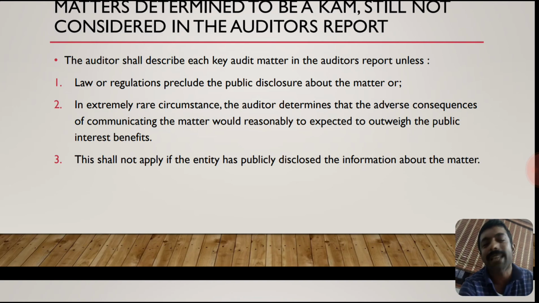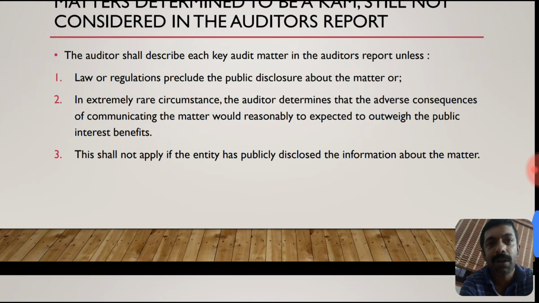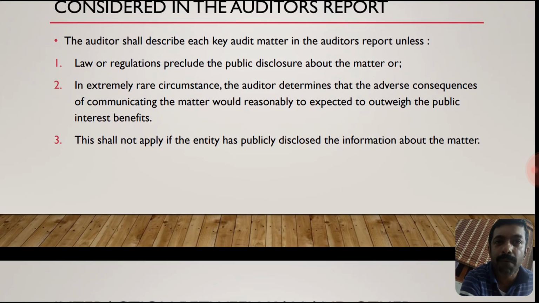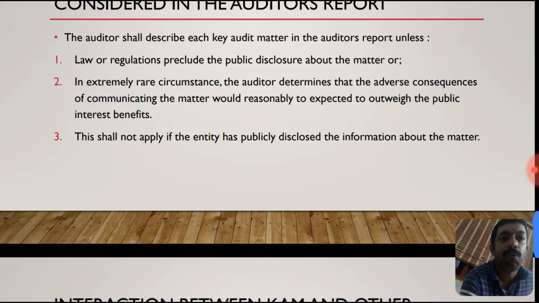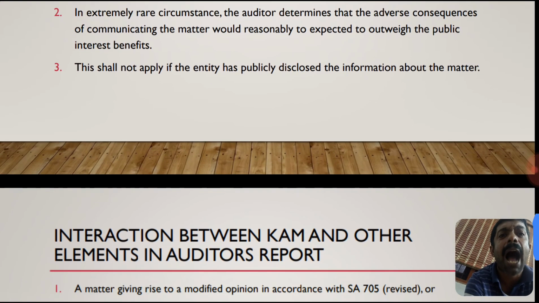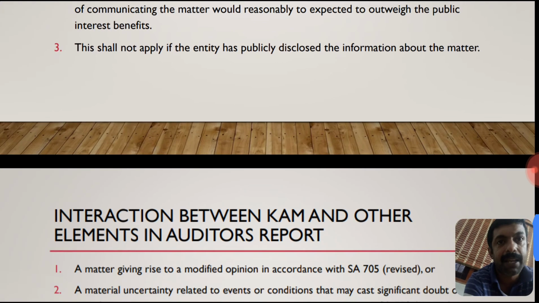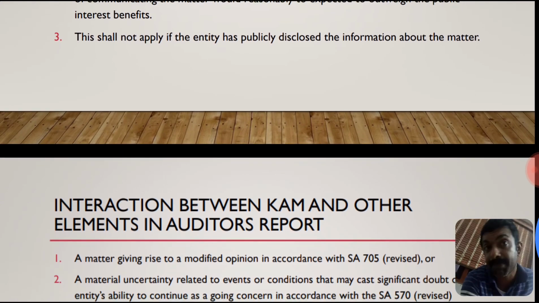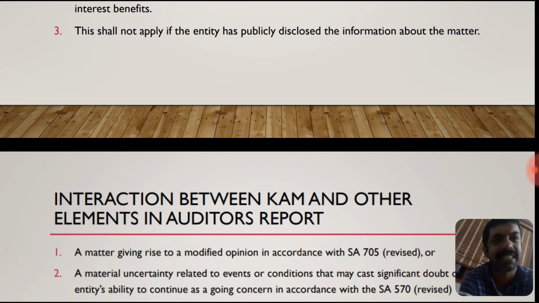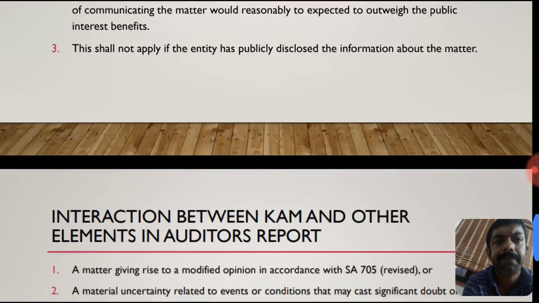Or, based on the auditor's professional judgment, the adverse consequence of communicating the matter would reasonably be expected to outweigh the public interest benefit. If it harms the public interest benefit according to the auditor's professional judgment, or laws and regulations preclude, these are the two circumstances where the auditor's report will omit a key audit matter.